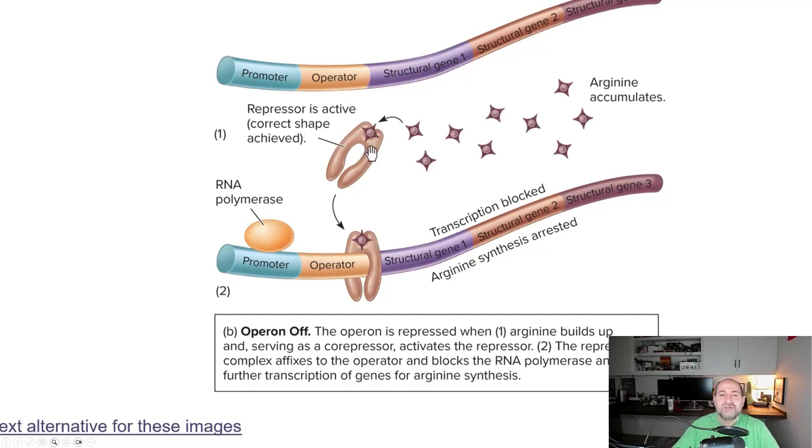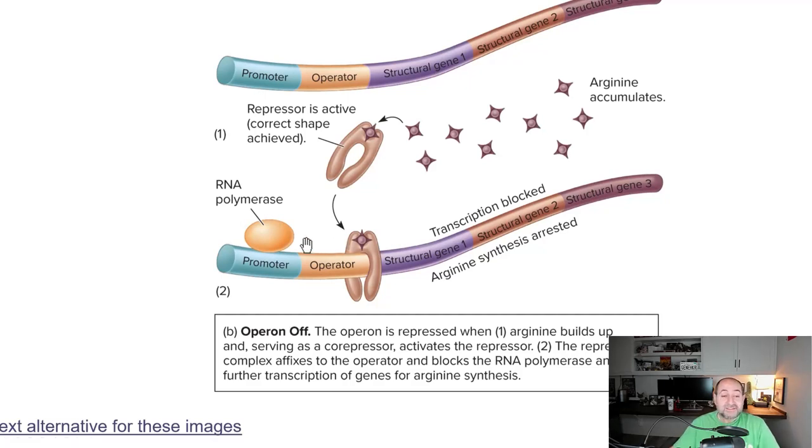The active repressor serves as a clothespin. Remember, kind of like a clothespin on a dryer line. It binds to the operator, and look what it's done. It's gotten in the way of RNA polymerase. RNA polymerase might proceed, but it will hit the operator. It will hit the repressor, which is on the operator, and transcription will be off.